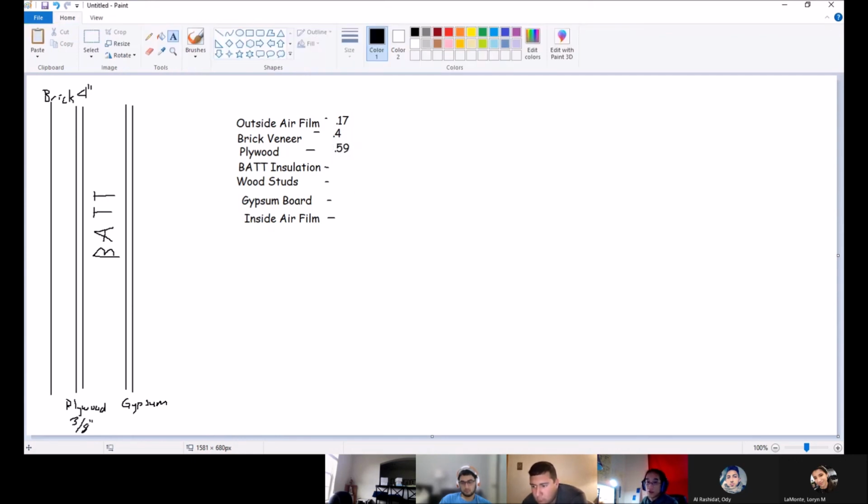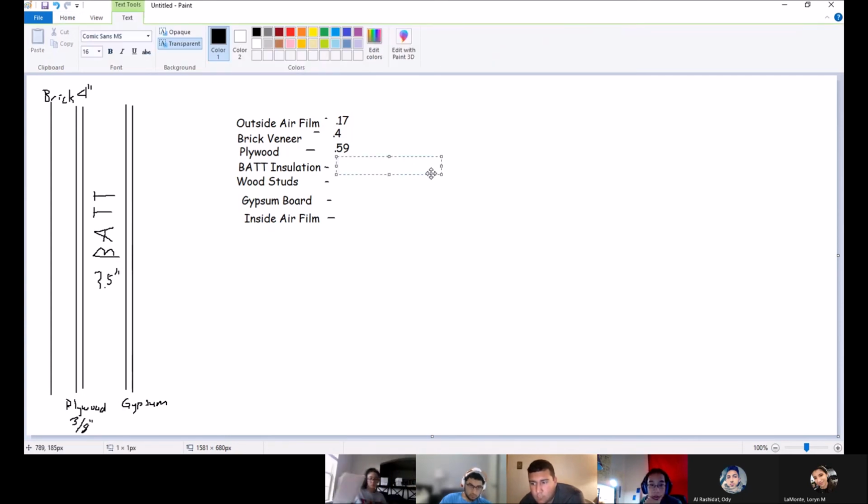Your batt insulation, IP, where's IP? Oh, there it is. Your batt insulation, let's just say, is 3.5 inches. Your batt insulation is 13.